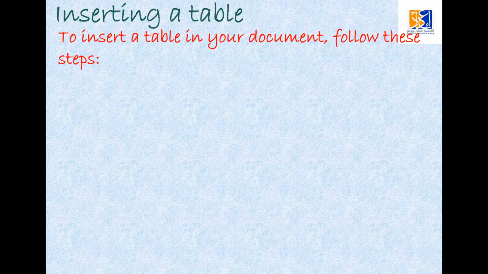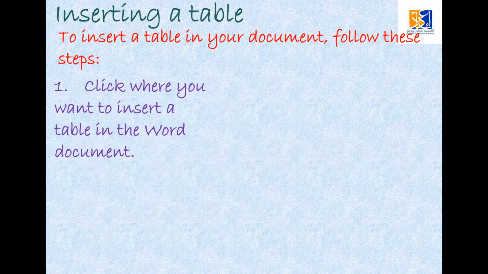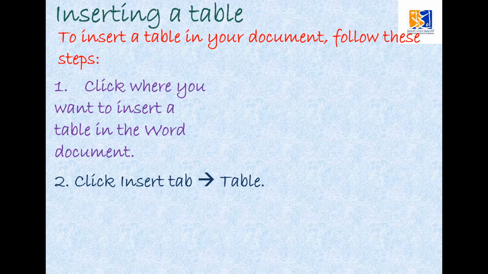Inserting a table. Let's learn how to insert a table. To insert a table in your document, follow these steps. Number 1, click where you want to insert a table in the Word document. Click anywhere in the Word document where you want to insert your table. Number 2, click the Insert tab, that is table.